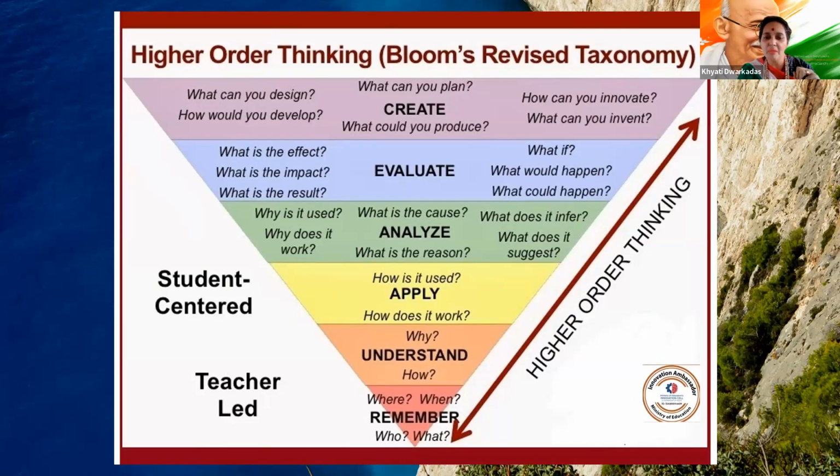When you say remember, you are asking simple questions: who, what, when, where. When you want to test understanding, you're asking why and how. Now, the same who, what, when, where, why, and how are then taken to a middle order student-centered learning where you are applying it. How is it used? How does it work?